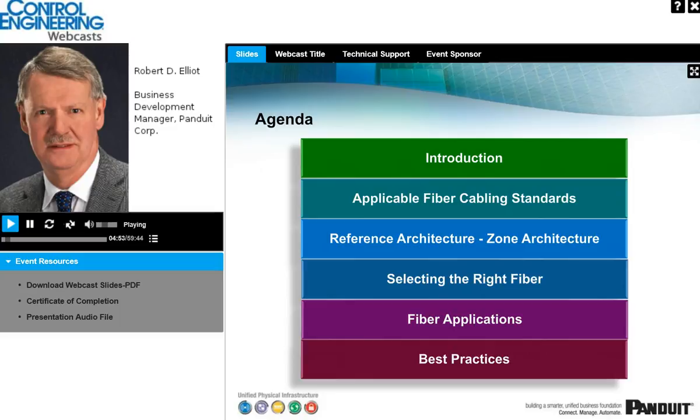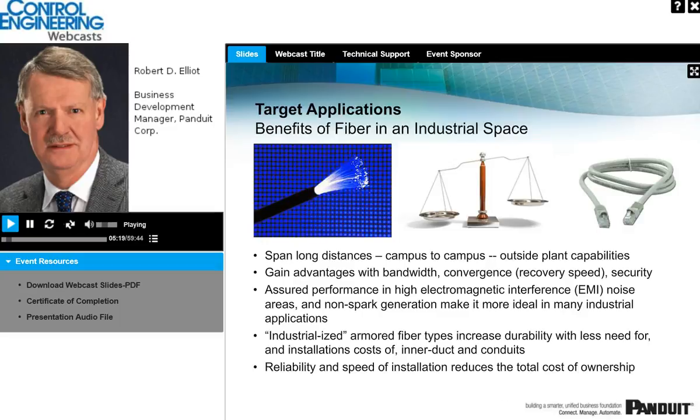In today's presentation, we're going to build your familiarity with fiber, including its application in the industrial space, the standards and architectures that provide application guidance and use cases. We'll also talk about the selection of fiber based on its place in the network topology and round us off with best practices, identifying different fiber types for use in different areas of the industrial application.